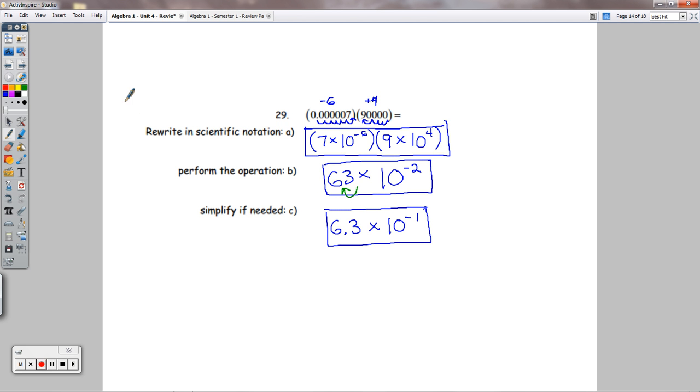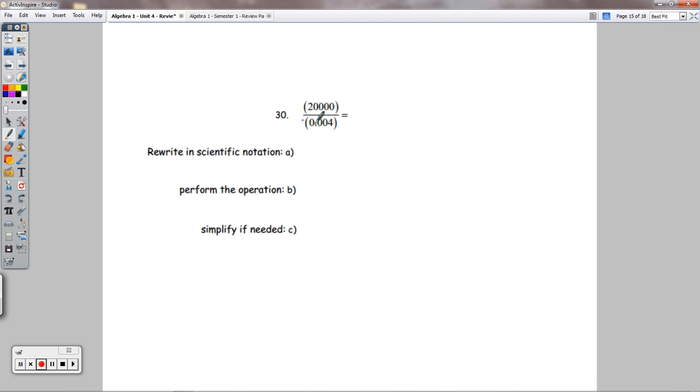Number 30 looks like this. The top part, you have to move it 1, 2, 3, 4 spots to the left, so we're adding 4 to the power of 10. And then here, 3 spots to the right, subtract 3 from the power of 10. So this is the same thing as saying 2 times 10 to the 4th over 4 times 10 to the negative 3.